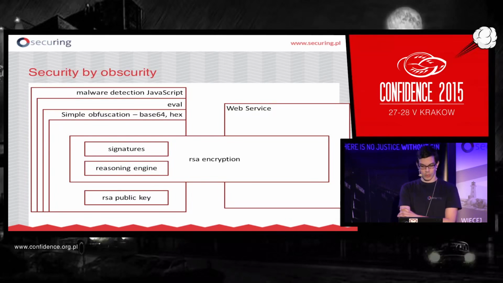So, simple obfuscation, some hex encoding, base64 strings, some JavaScript quite easy to decode. What we recommend in case of obfuscation is to use multiple JavaScript obfuscation techniques at once throughout your scripts and to change them.